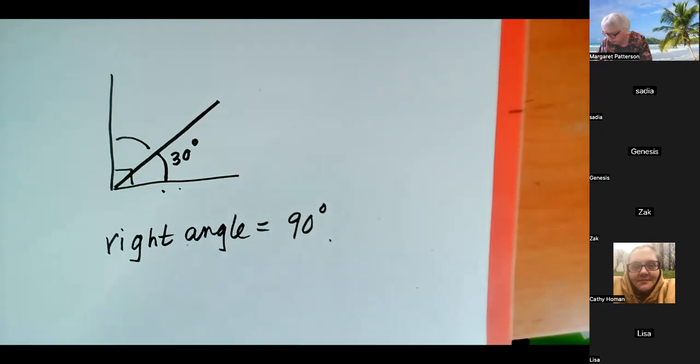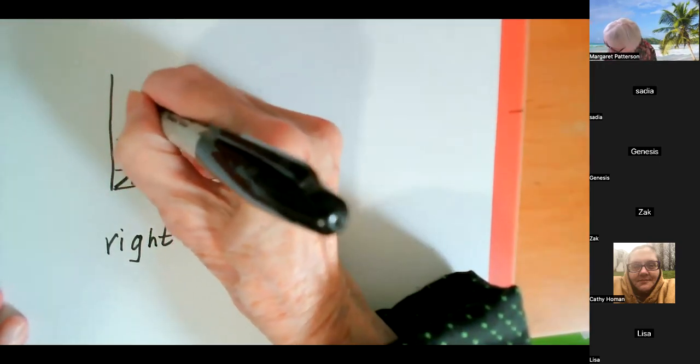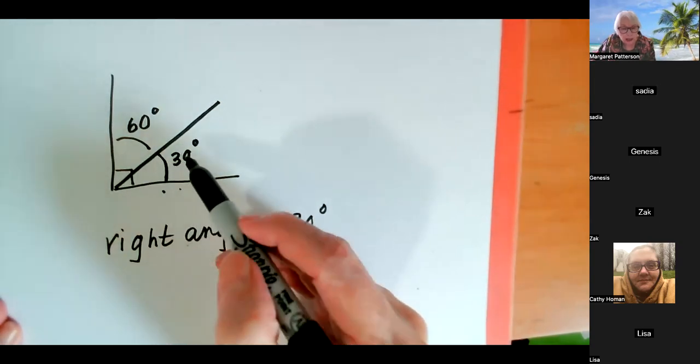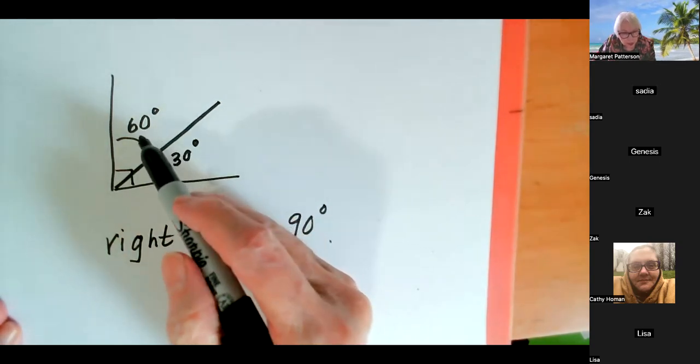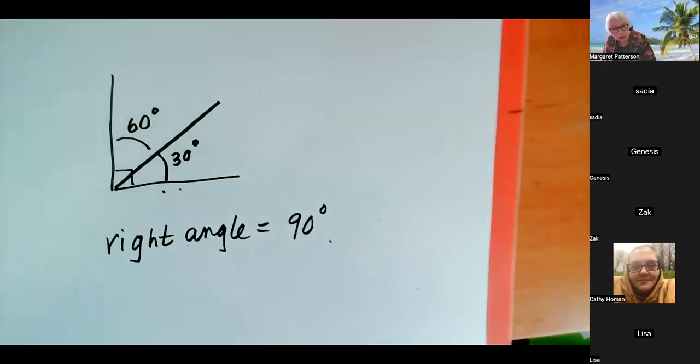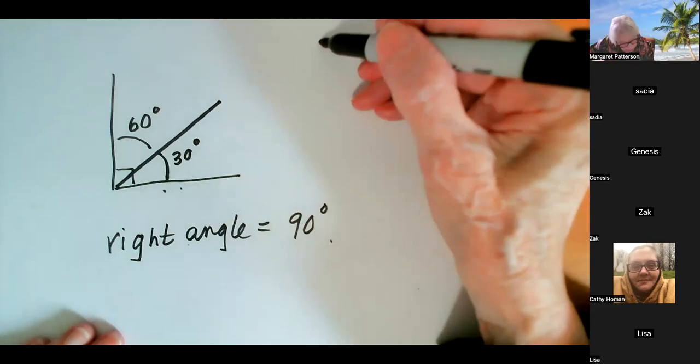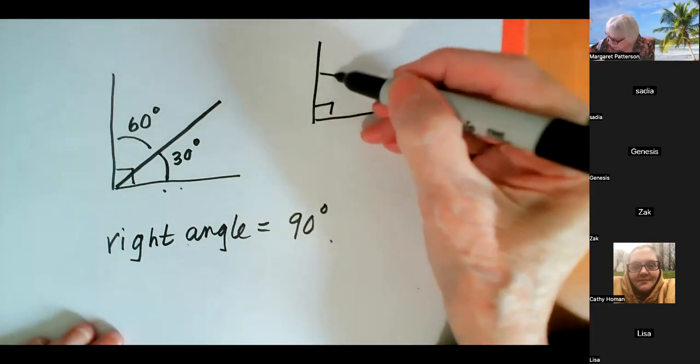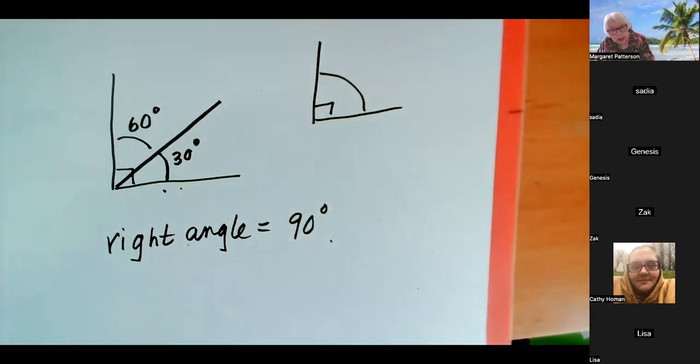Anybody want to guess? 60. It's got to be 60. Because the 2 together made up the angle, and one was 30 and one was 60 degrees. And so together they made 90. So let's say you had this, and they said, how many degrees is that? 90.